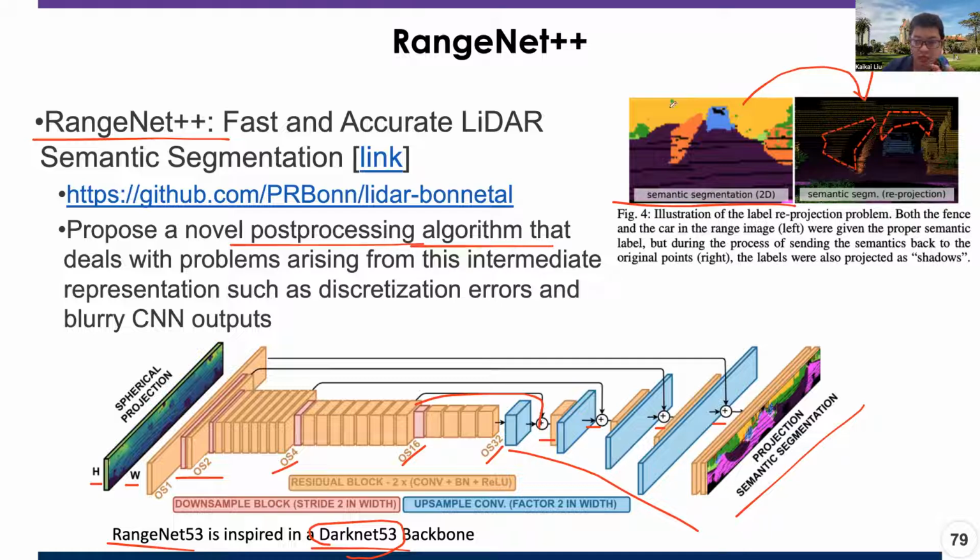Then in the segmentation, there may be multiple laser points from different locations, all mapped to the same class in this 2D range image. Then when you change back to 3D, you will find that these are actually in different places, but they are assigned to the same object.